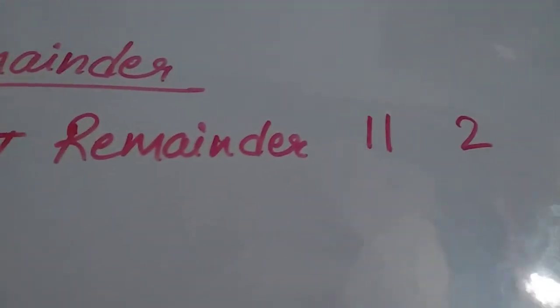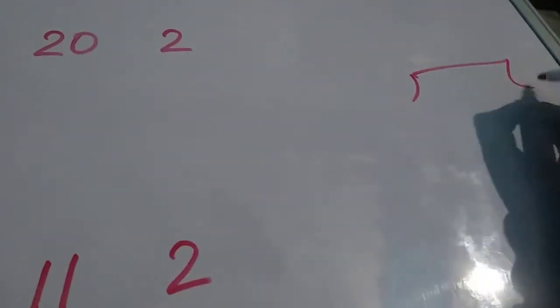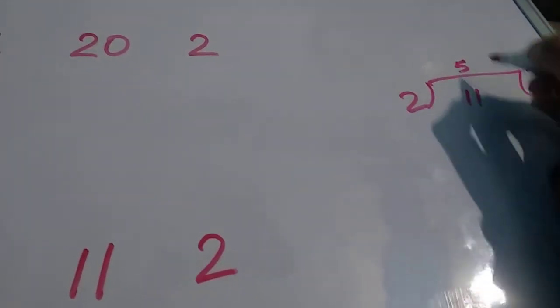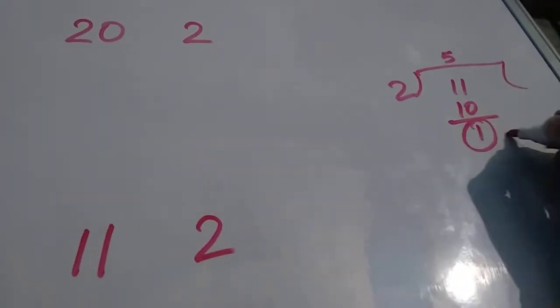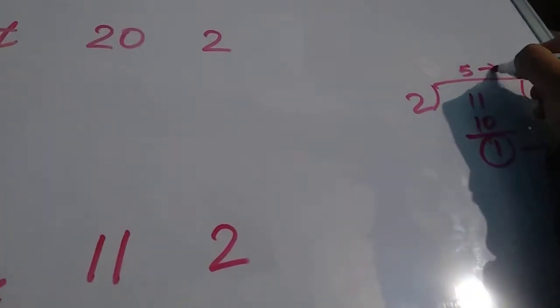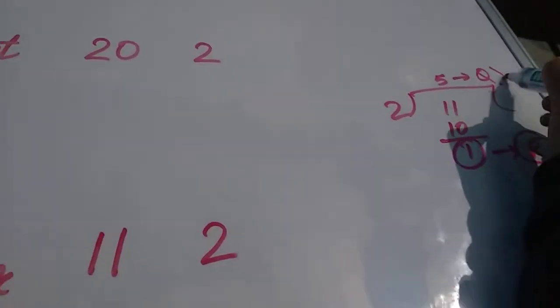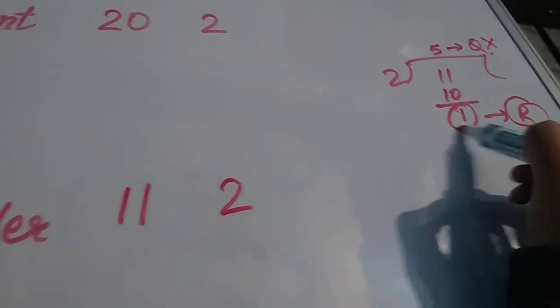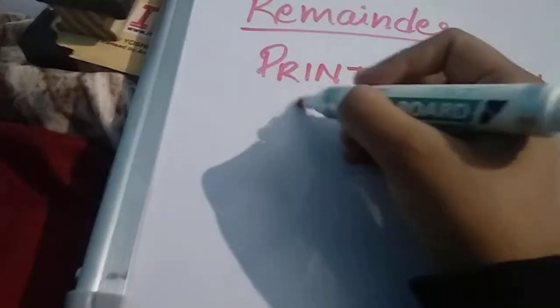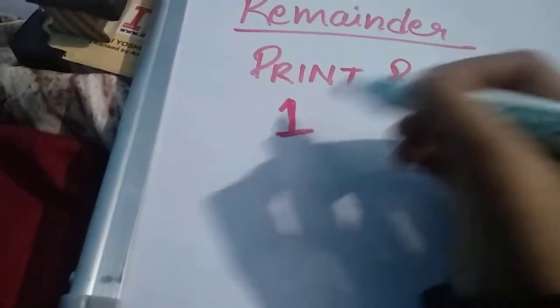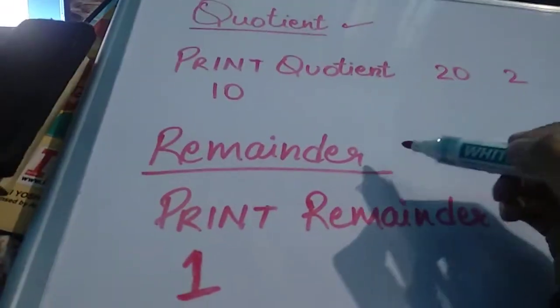If you divide roughly, 11 by 2, 2 5s are 10 and 1 will be the remainder. This is the remainder and this is the quotient. This time we need only the remainder, no quotient. So it will give the output as 1.